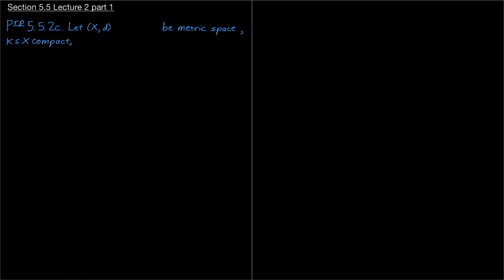In this one, we're going to let f be a function from X to Z, where Z with metric rho is another metric space. And we're going to require that f be continuous. Then the image f of K is also compact.